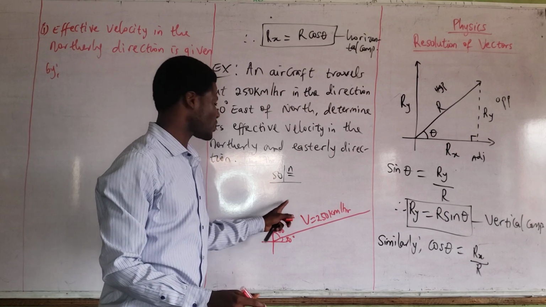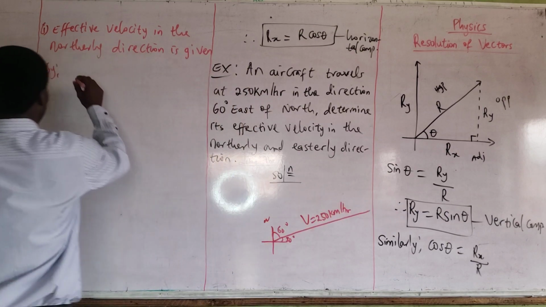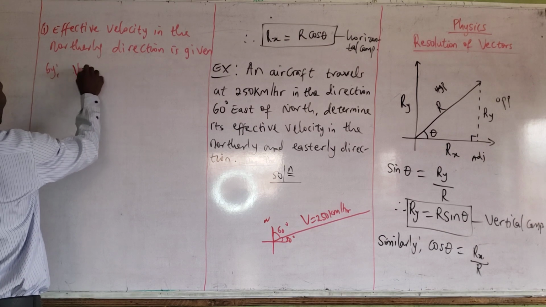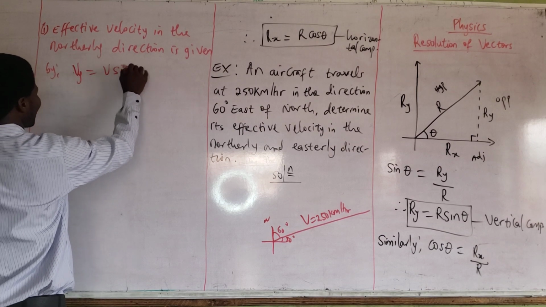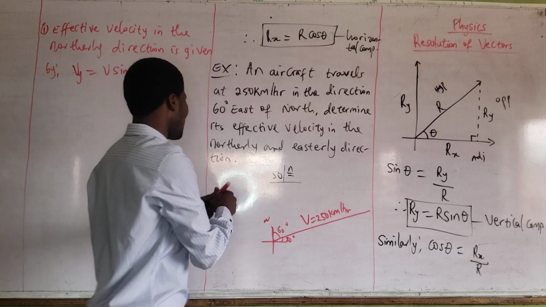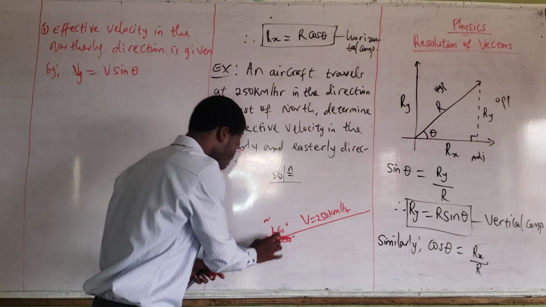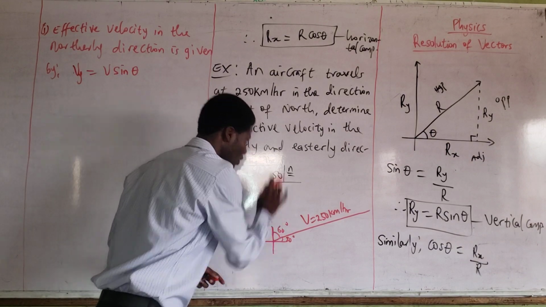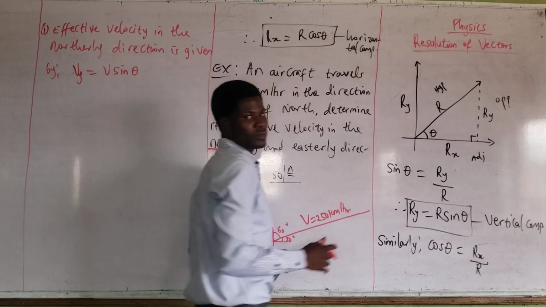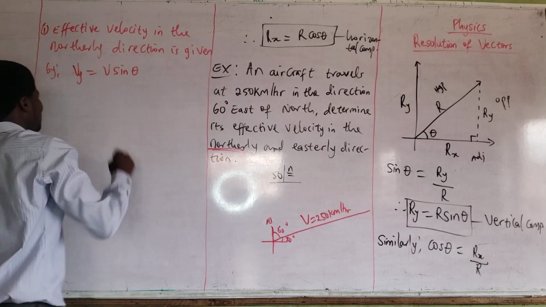So velocity is a vector quantity. So our R becomes V. So we have Vy equals V sine theta. So don't forget that the north they mentioned here corresponds to the vertical. This is our north here. So it belongs to the vertical component. Okay? To the vertical component.